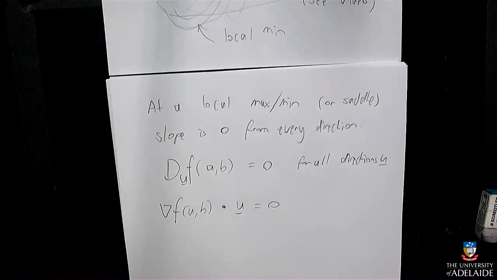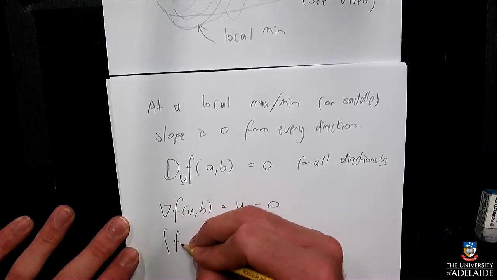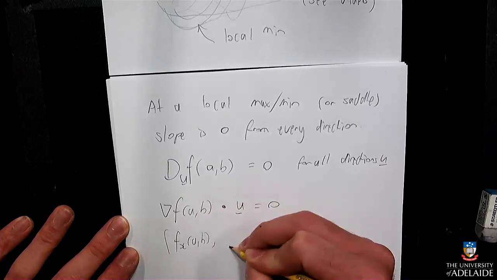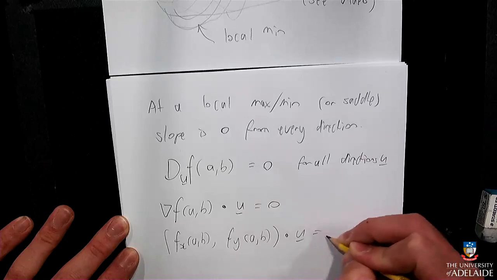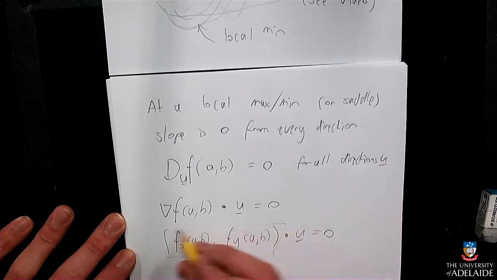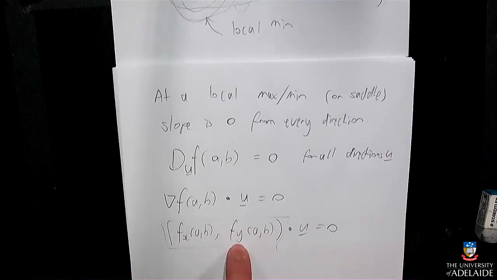And this is a vector that has the two partial derivatives in it. So the only way you are going to arrange for this vector dot u to be 0 no matter what u is, is for this vector to be the 0 vector.